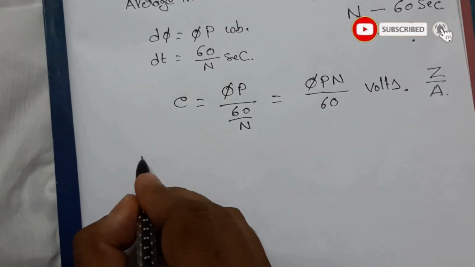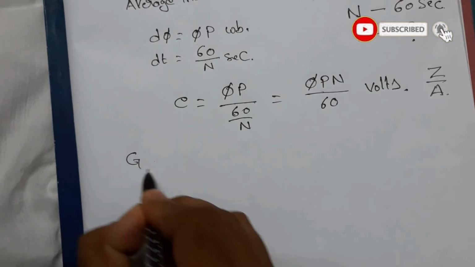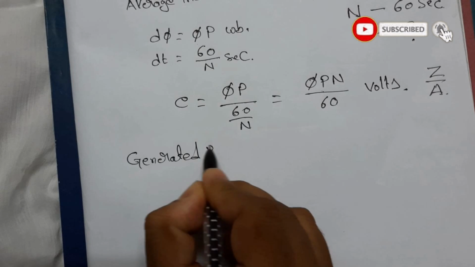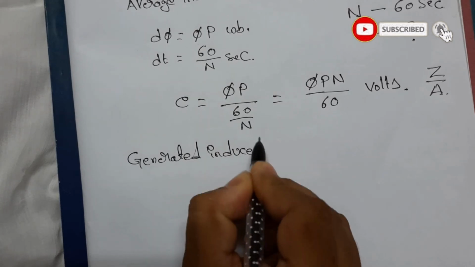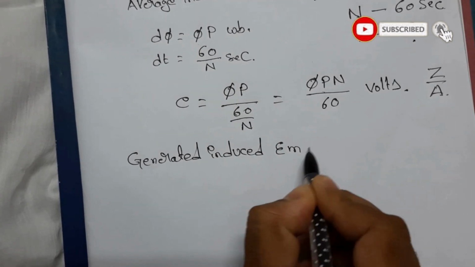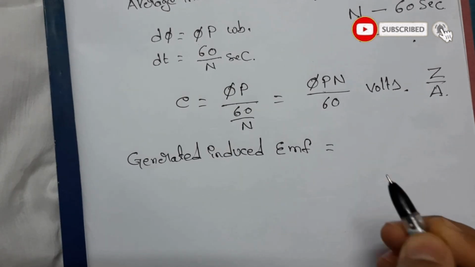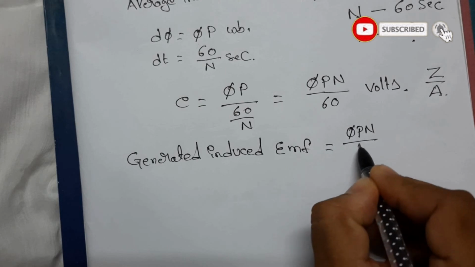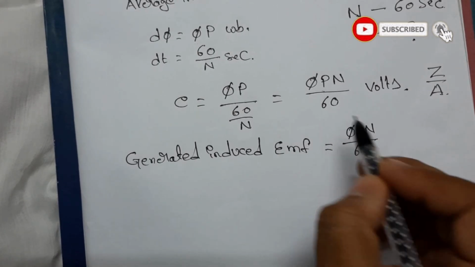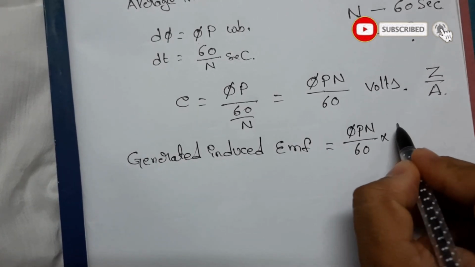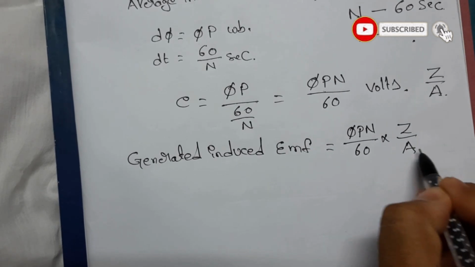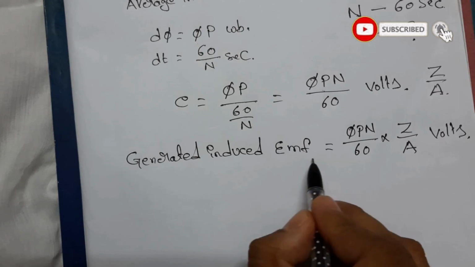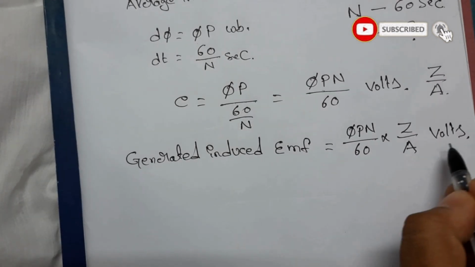So the generated induced EMF equals ΦPN by 60, that is the average induced EMF per conductor, into Z by A conductors per parallel path, volts. So the generated induced EMF equals ΦPN by 60 into Z by A volts.